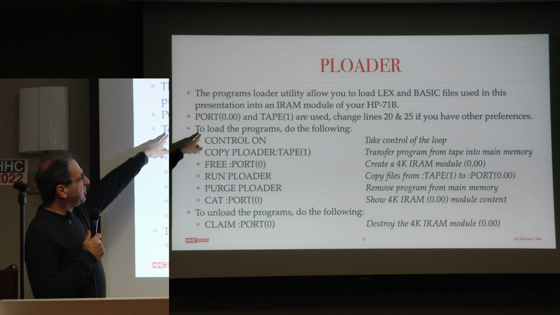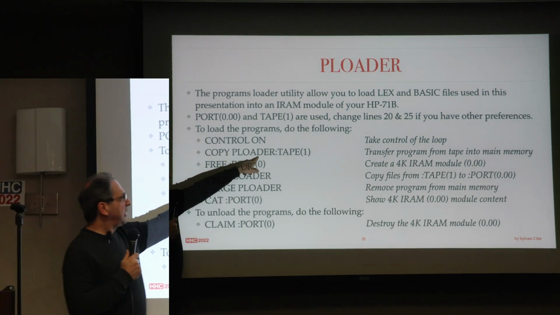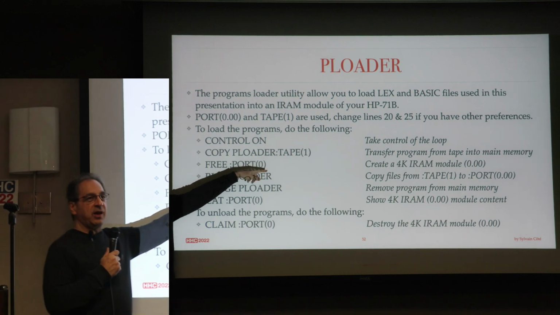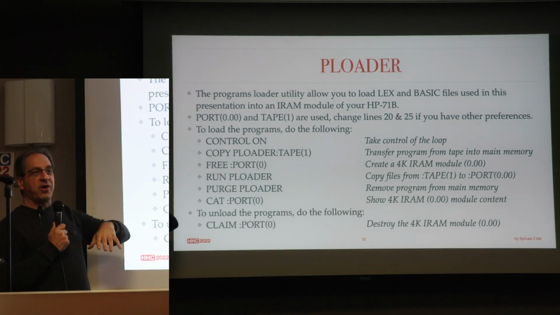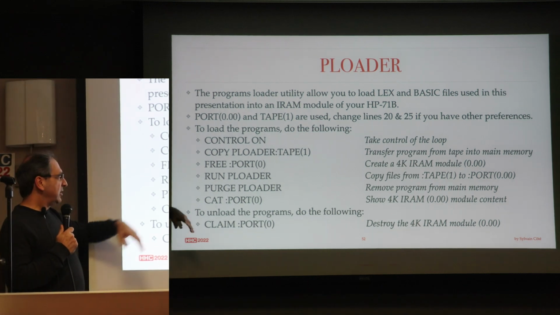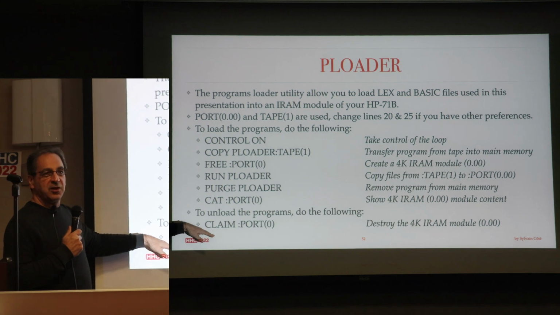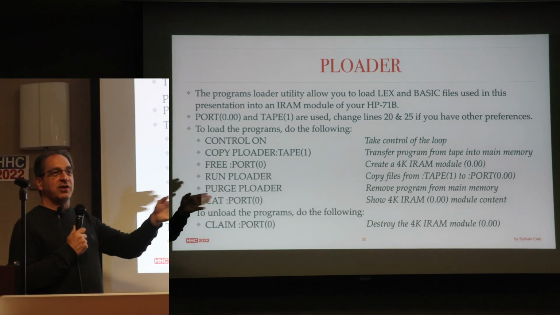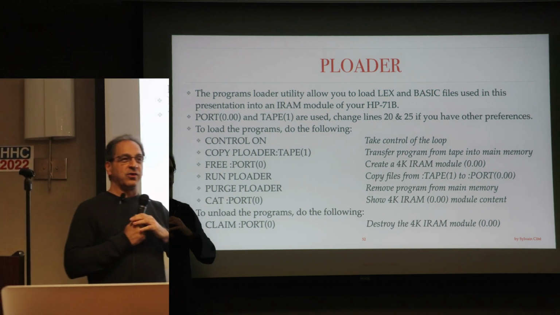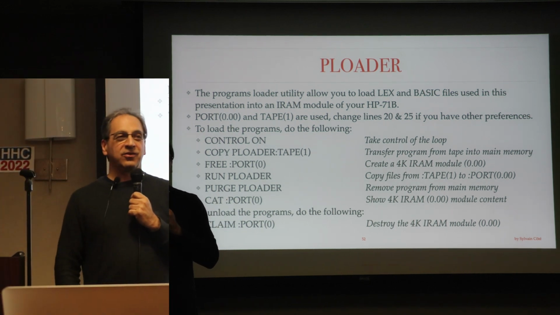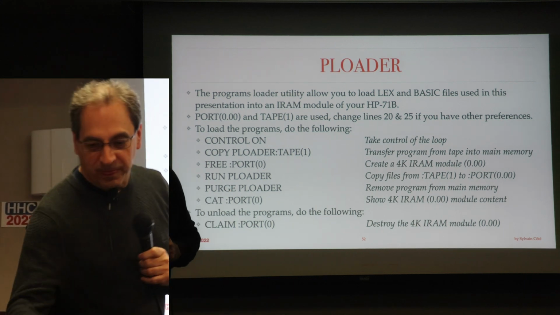You copy the tape, do a control on, copy the loader from the tape into main RAM, create a free port, run the loader, and it will load all the programs into port 0. Then you just purge it, and when you finish, you can do a claim. On each 71 you do this, and you run the good program with the device and the controller, and you can experiment with what it does. Everything that I've been doing here is there.